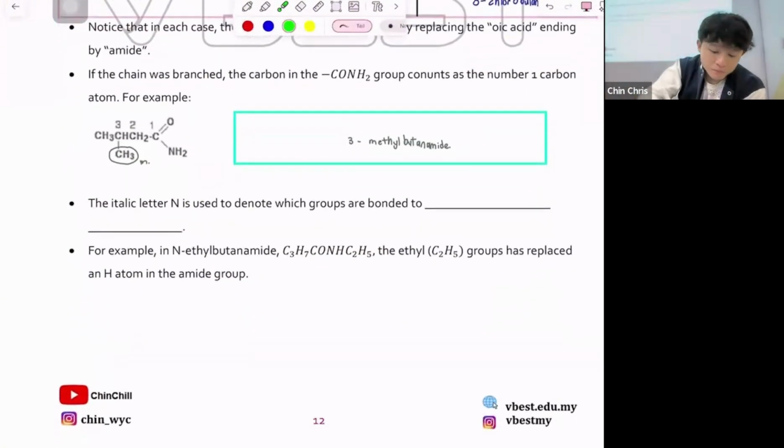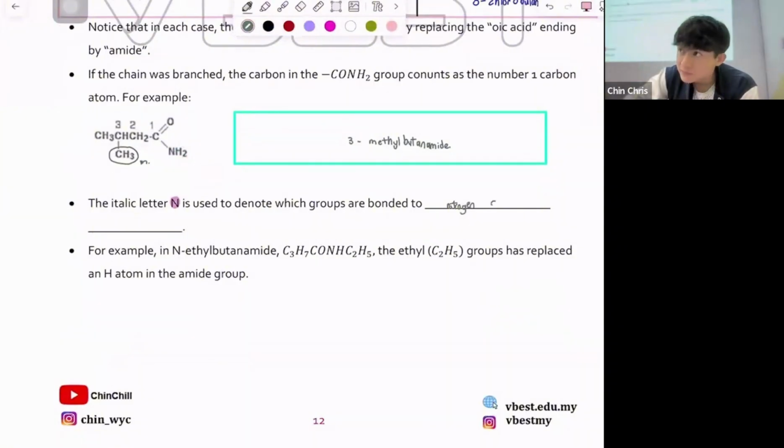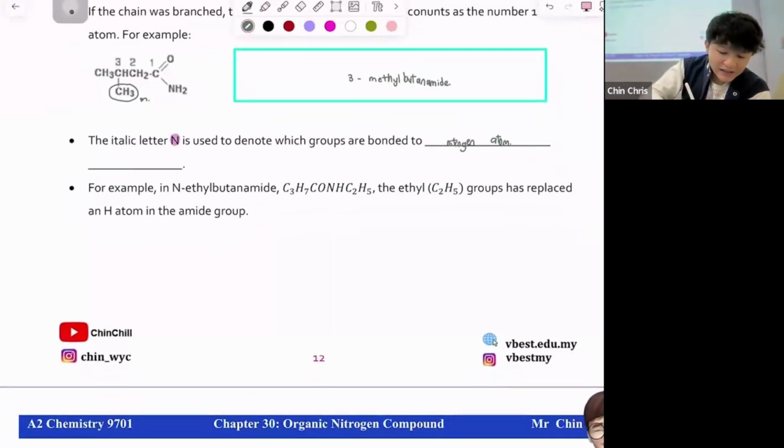Alright, guys, next. Whenever you see the letter N, it is used when the hydrogen on your amide is substituted. Example, let's look at the N-substituted amide.